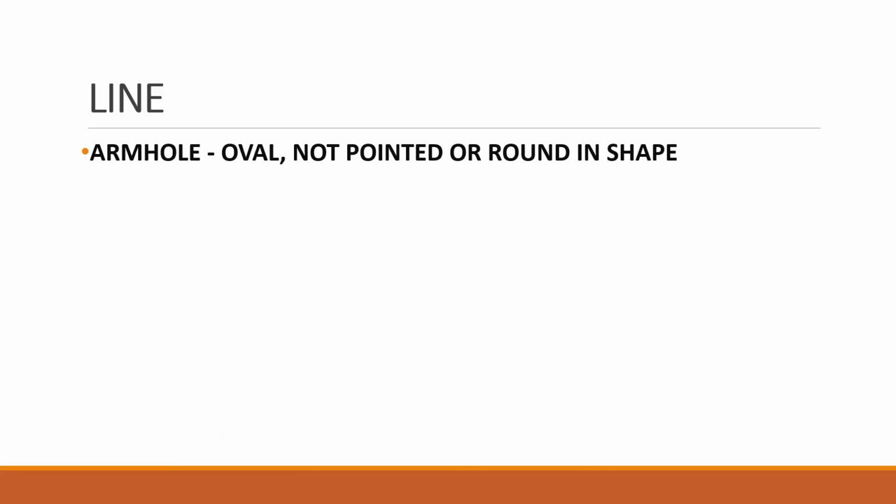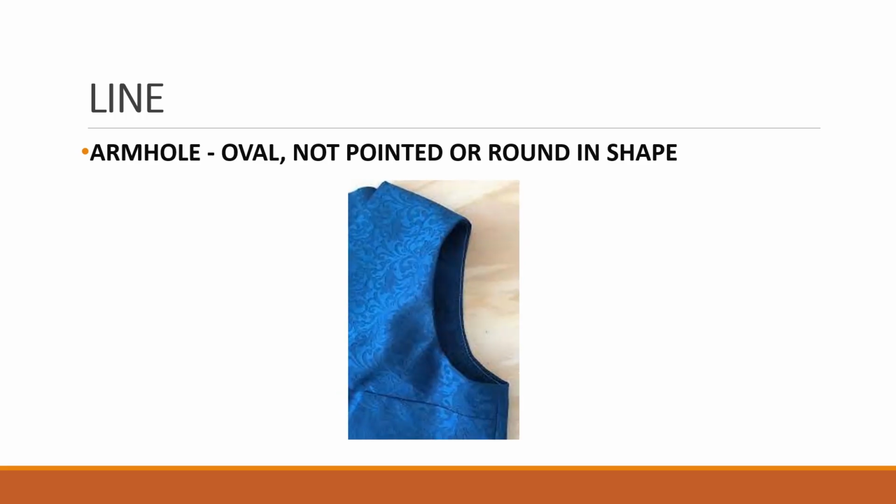Line also talks about the armhole, oval, not pointed or round in shape. Those are the important shapes which line describes for the armhole. So this armhole is also important. What should be the shape of that? Pointed armhole should not be there. It should be oval or round in shape.